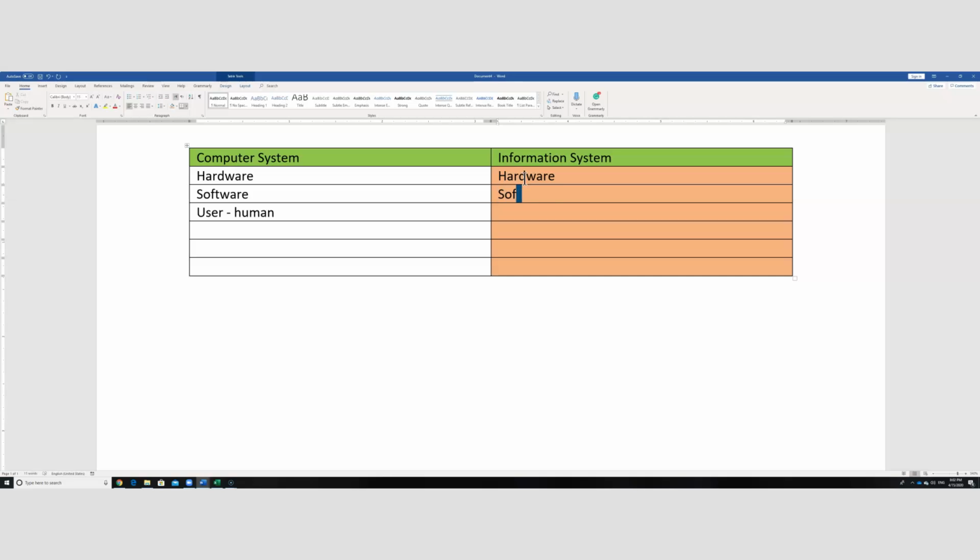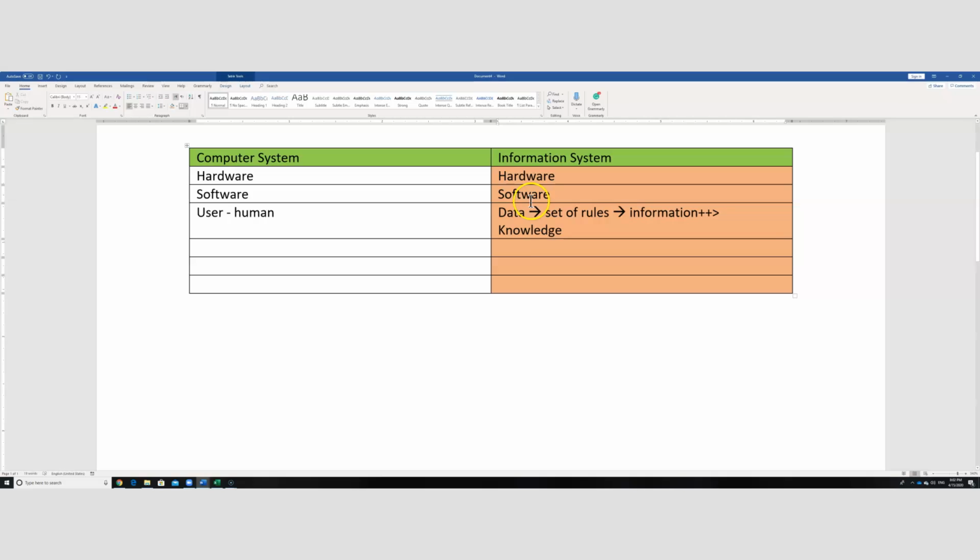Again, software, which could be a network of software, varieties of software, all the software that we have discussed in the previous chapters. And then data, which is extremely important because with the hardware and the software, we're going to have data that we'll be able to convert, through a set of rules, into information. And hopefully, these days, we should be able to take information into knowledge, which is much more important than information.